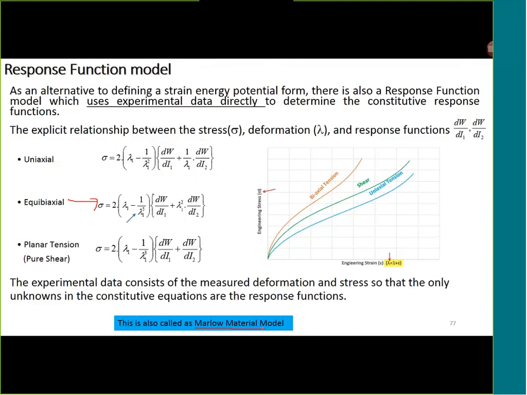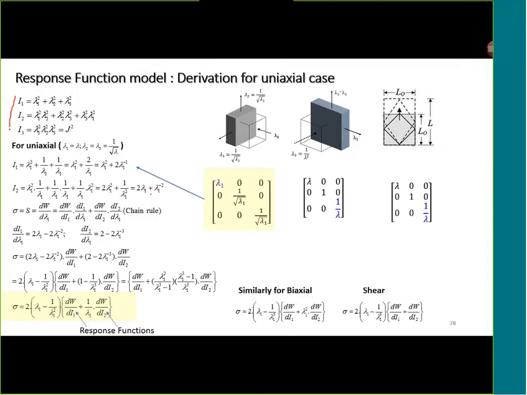The exact way it works is like this. Once you know the strain invariants, you know the deformation state, you can write stress as a function of the strain invariants. The derivation is almost the same as the previous derivation that I went through in detail. You can do it for the uniaxial case, and knowing the deformation tensor, you can do it for biaxial or shear, for any relationship.